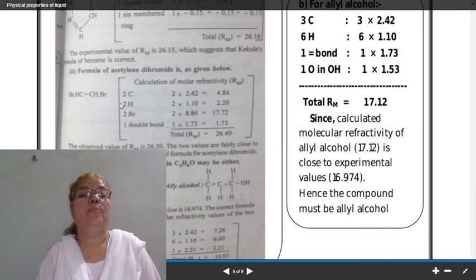Then the contribution of hydrogen here, it is 1.10. In this acetylene bromide there are two hydrogens, therefore here we have 2 into 1.10, it becomes equal to 2.20.